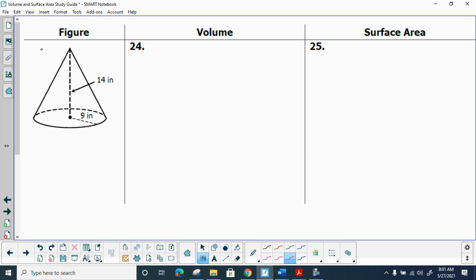We're going to go to a cone. Now, the volume of a cone is 1/3 the area of its base, so pi r squared, times the cone's height. So we have 1/3 times pi. We know the radius of that base is 9 inches.